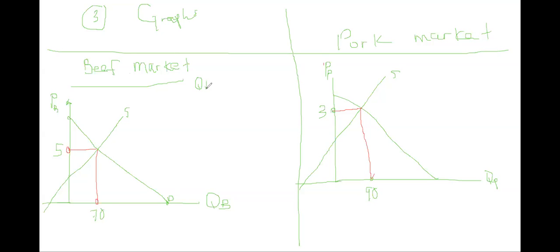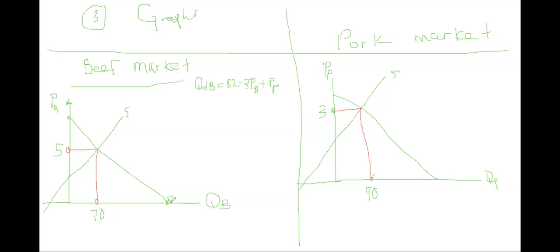The formula is equal to 82 minus 3 times the price of beef, plus the price of pork, P.